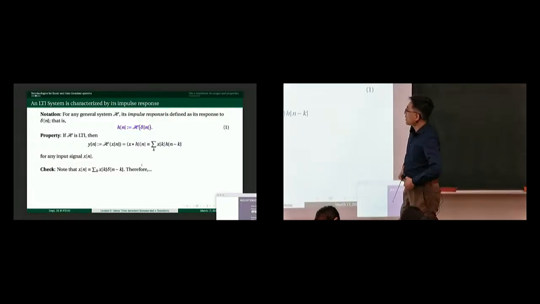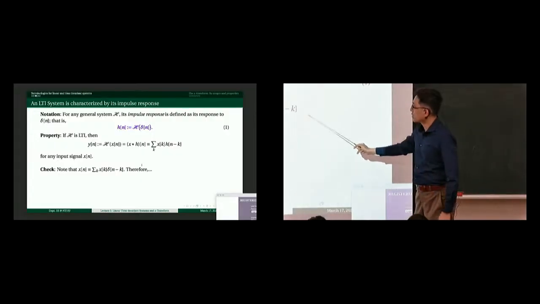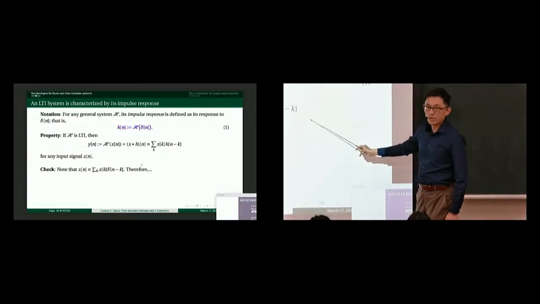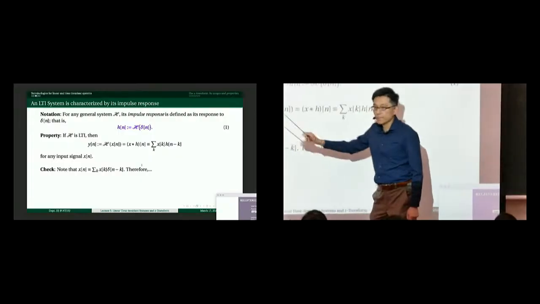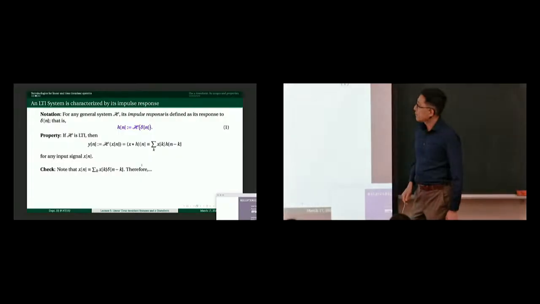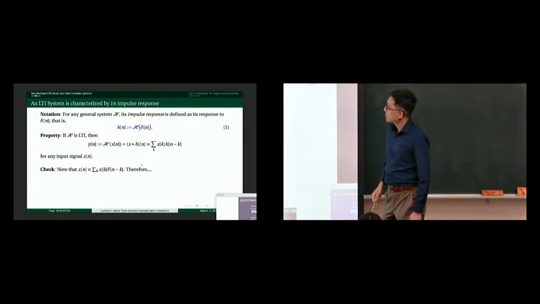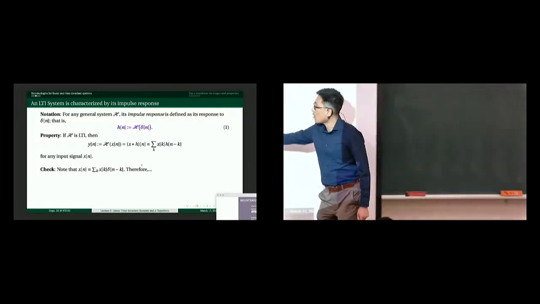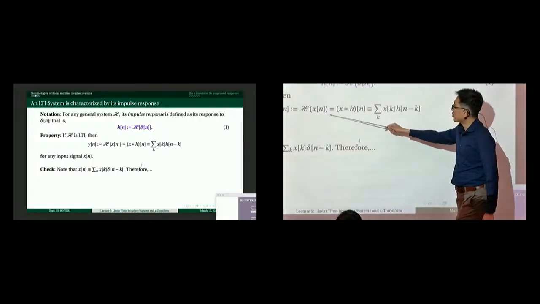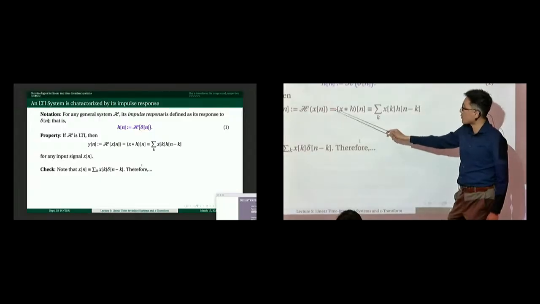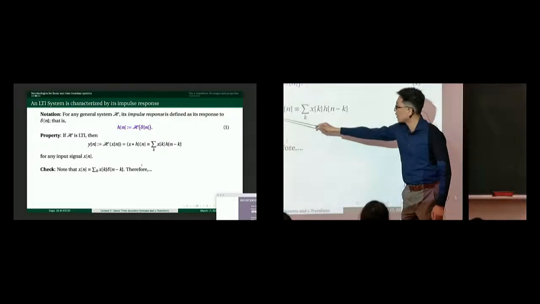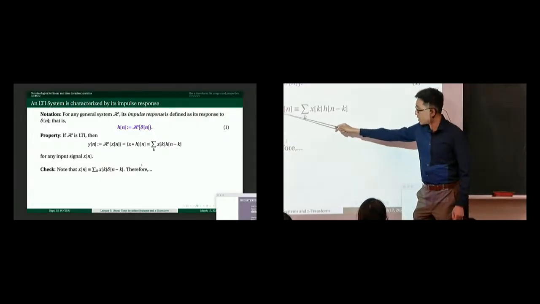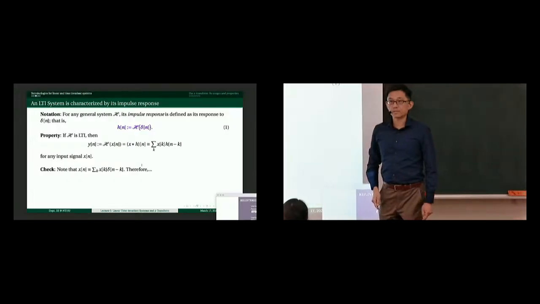Now, this is probably the most important message in this lecture, so let's read it carefully. If we focus on a system which is LTI, then it produces, when receiving any arbitrary input, an output that equals the convolution of x, your input, with h, your impulse response.